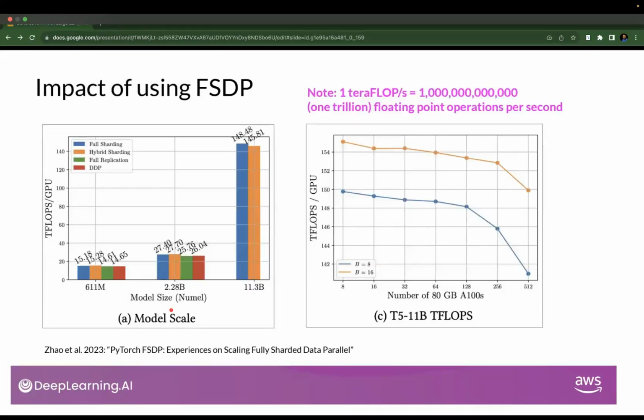But still, it's not much. It's like a 7% decrease if you go from 8 GPUs to 512 GPUs. But cumulatively, there will be a higher throughput. It's just that the number of teraflops operations per second per GPU will take a hit as you increase the number of GPUs.